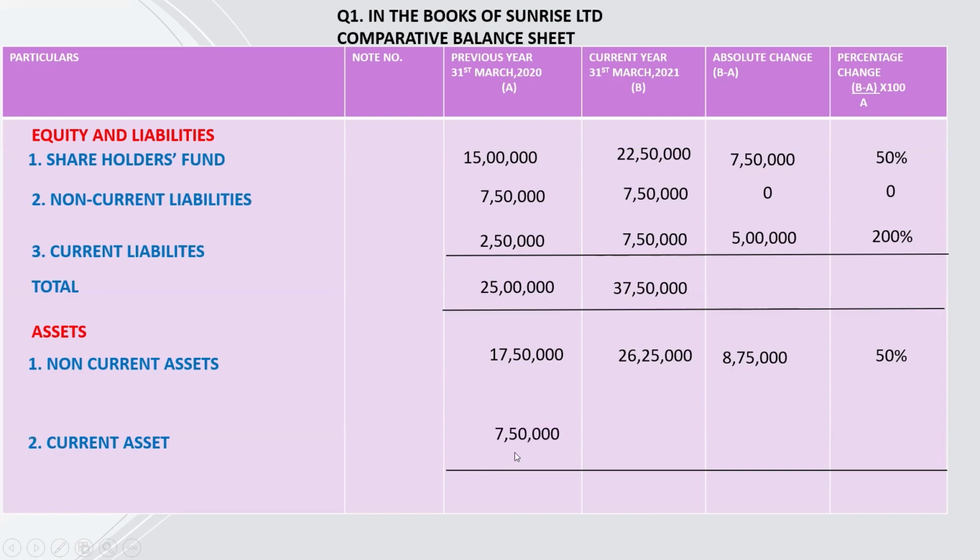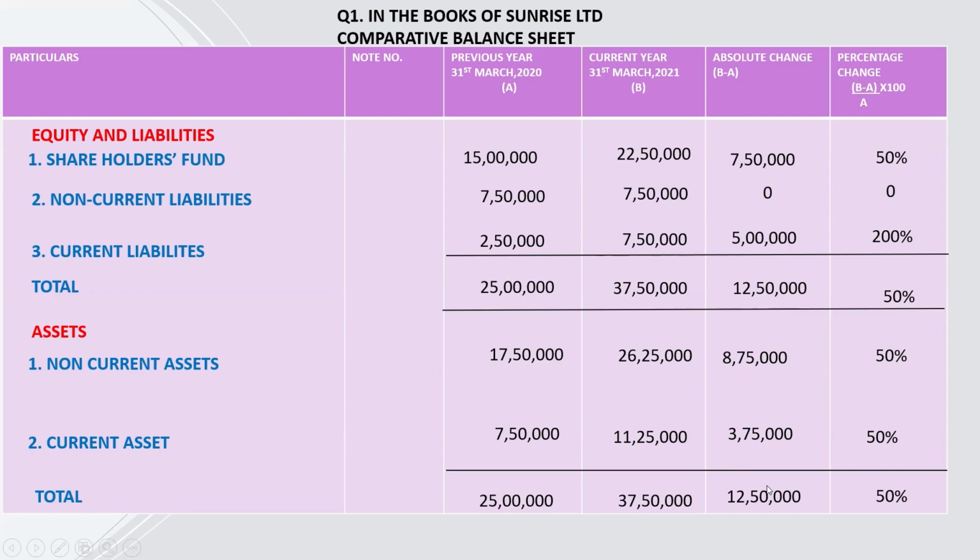Current assets we have 7 lakh 50,000 and 11 lakh 25,000. Their difference will be 3 lakh 75,000. To calculate percentage change, this absolute change needs to be divided by the previous year balance. So it is 50%. Now for totals, again we will calculate absolute change and then percentage.